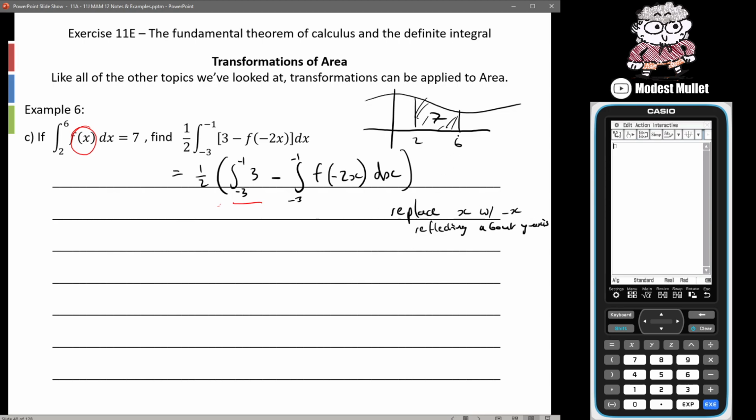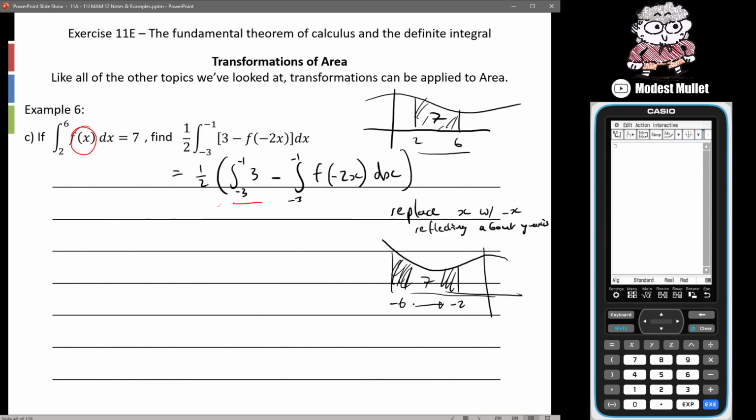So that's taken this between 2 and 6, and that has now changed it and reflected about that, and we've now got the function that looks like this, but we still know, if we flip that, we still know between -2 and -6 now, this area must be 7. The function is exactly the same, it's just been flipped over, but this area must be 7, between -6 going towards -2. So that's getting the negative inside.